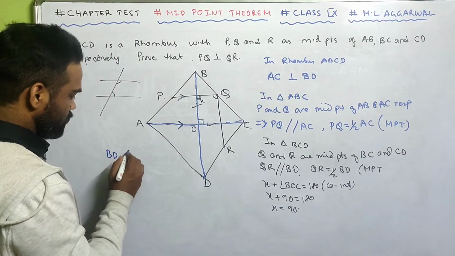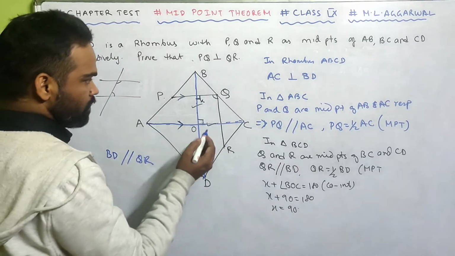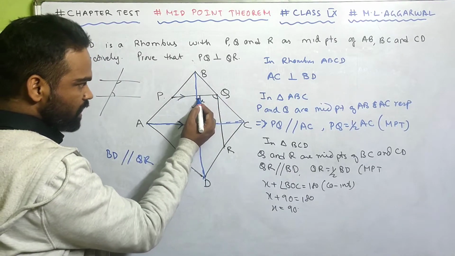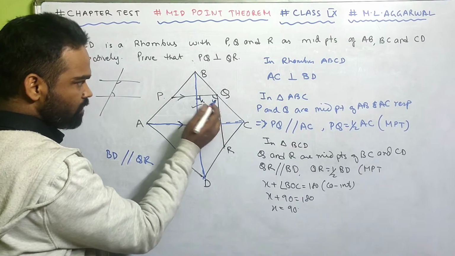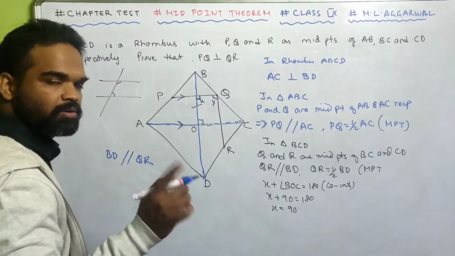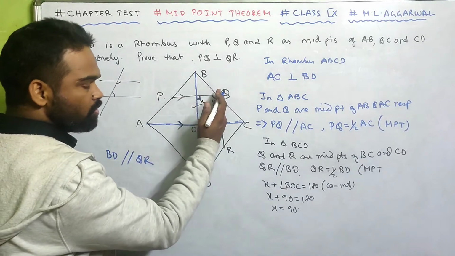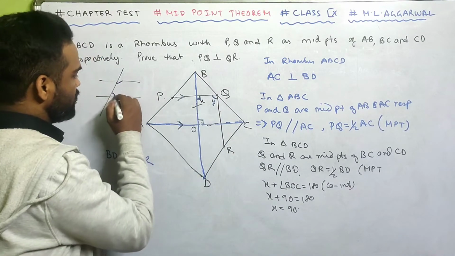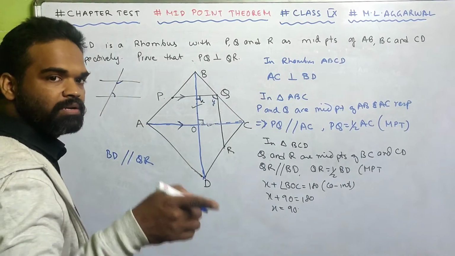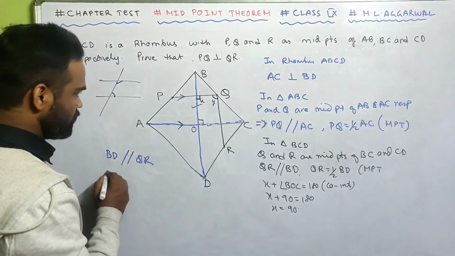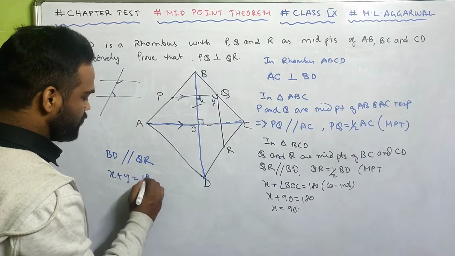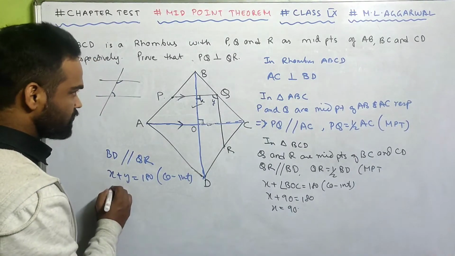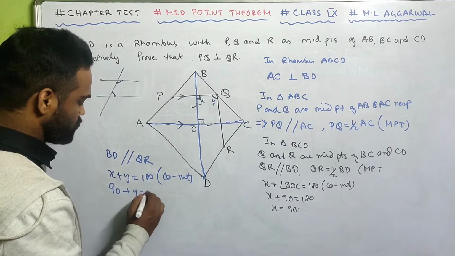Try to understand. BD is parallel to QR, and PQ is the transversal, which means this angle again and this angle, suppose y, they will add to give 180. Co-interior, same logic. So can I write x plus y is 180, that's co-interior, which means 90 plus y equals to 180.